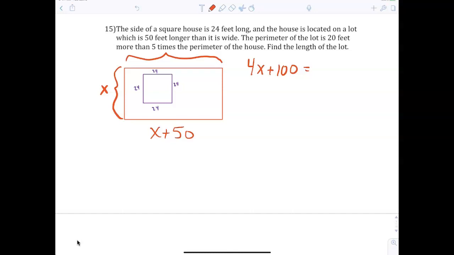Get your calculator out and tell me what it is. What is the perimeter of my lot? What does it say the perimeter is? 20 feet more than 5 times the perimeter of the house. You can figure that out. What is it? No, I don't think so.